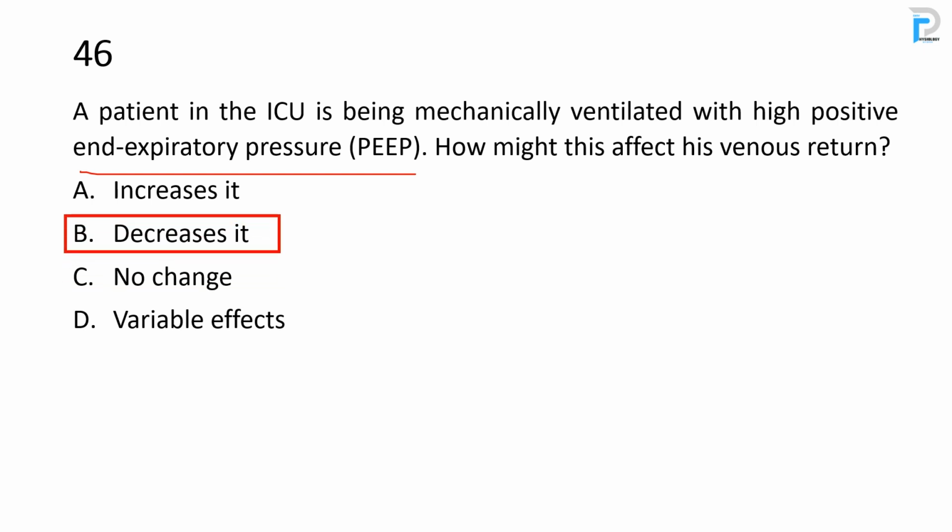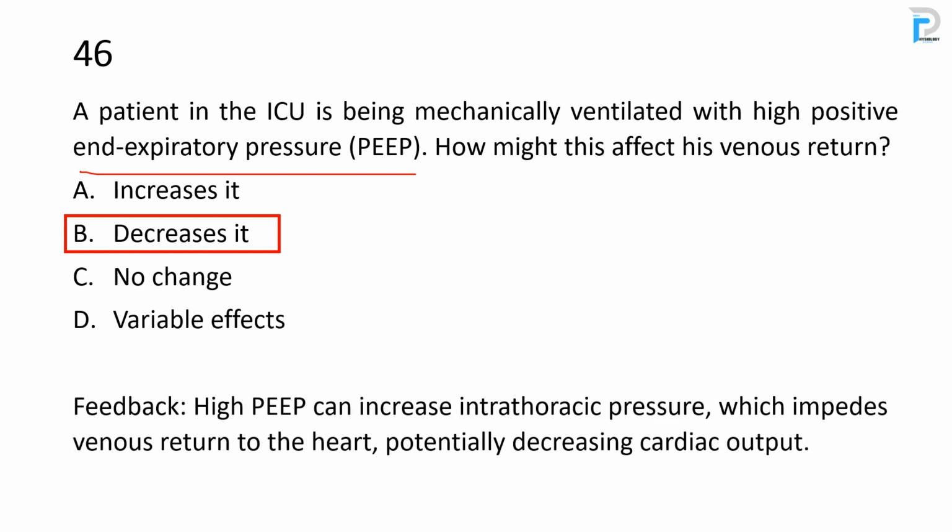So several questions here about venous return emphasize the fact that venous return depends on the difference between peripheral venous pressure, that is the pressure in our veins on the periphery, and the pressure in the right atrium, which is the central venous pressure. Increase in peripheral venous pressure increases venous return.